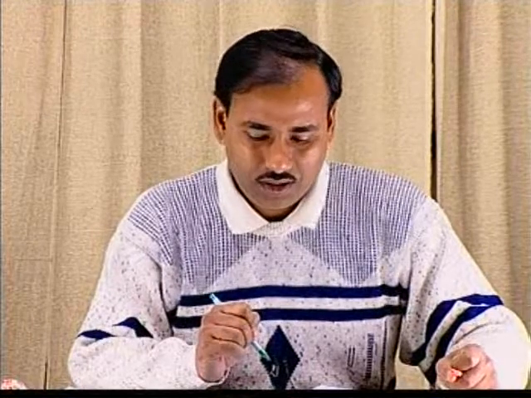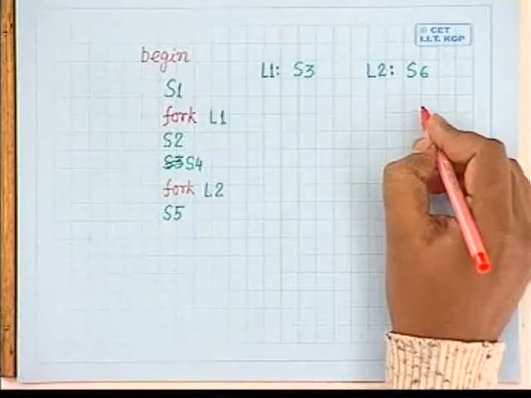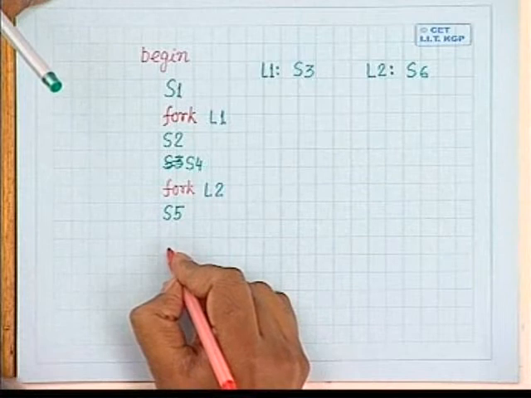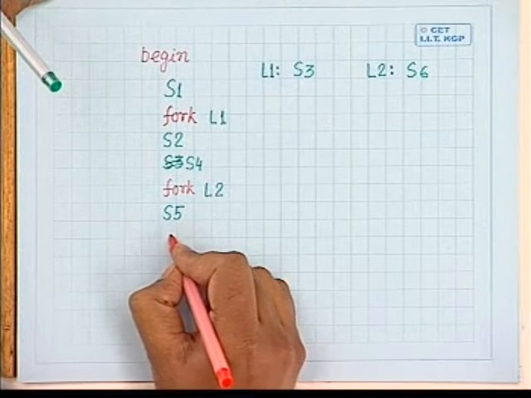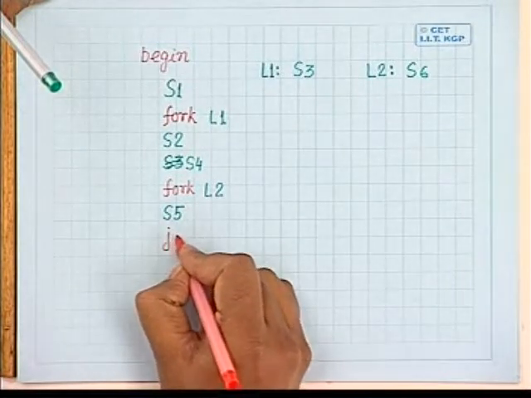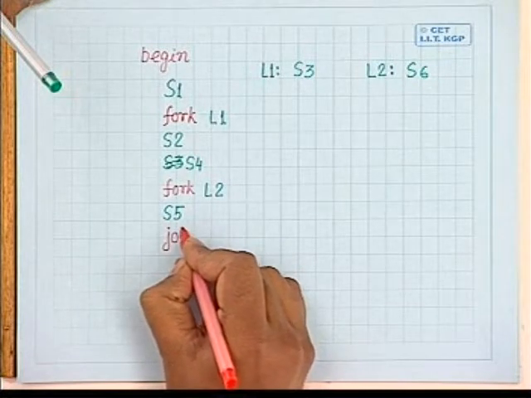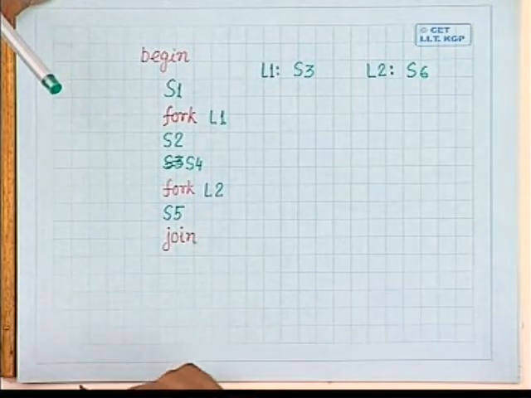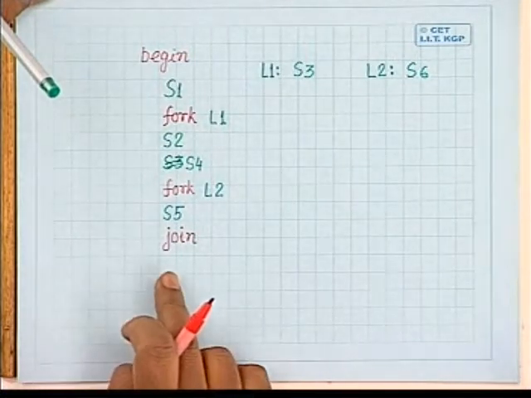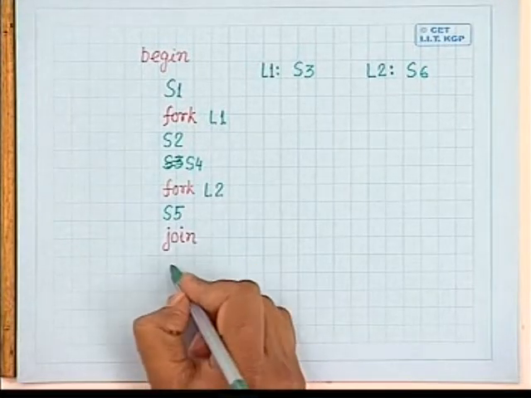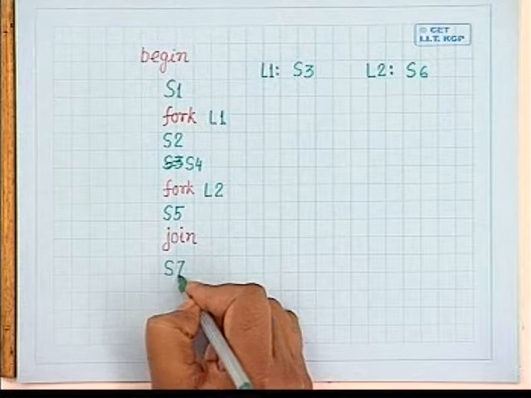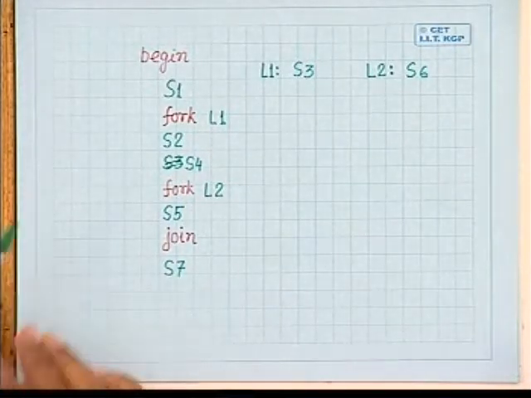That is what is done by the join statement. So I have to put a join statement which has to work with an argument. I'll come to that later. After this join statement, statement S7, which is the last statement in this program module, has to execute, and then finally we'll have the end of the program.